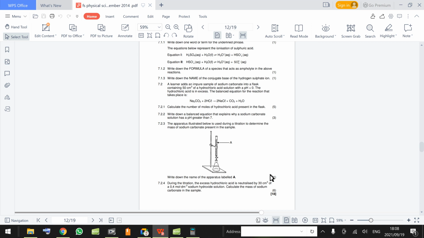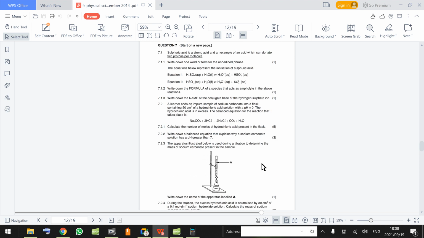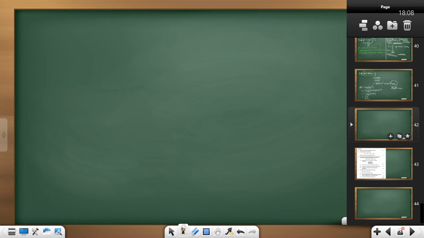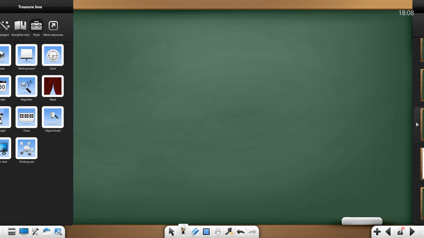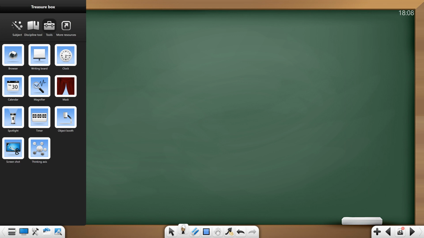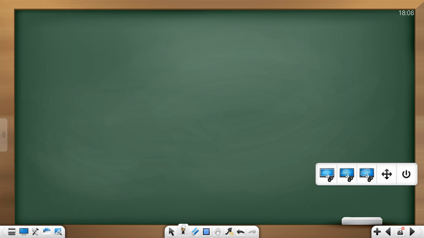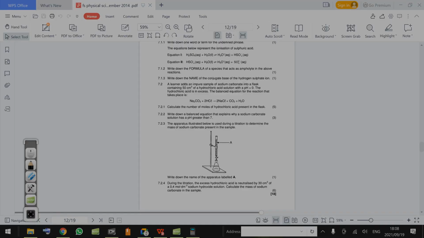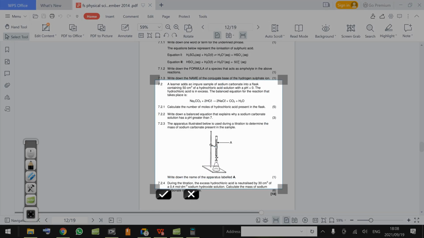Oh, I see a pH of 0. That's what's confusing you. Okay, so, guys, I know you know conjugates and all of those. I'm just going to focus on 7.2, the calculation.